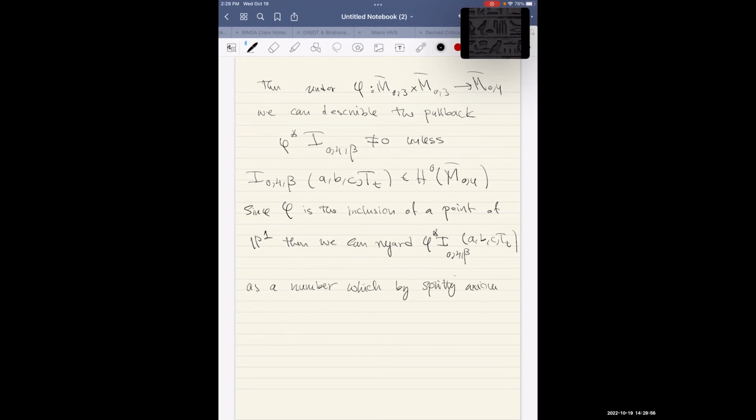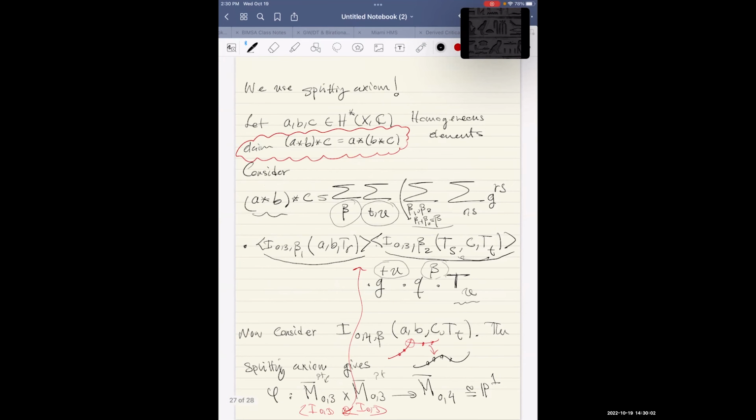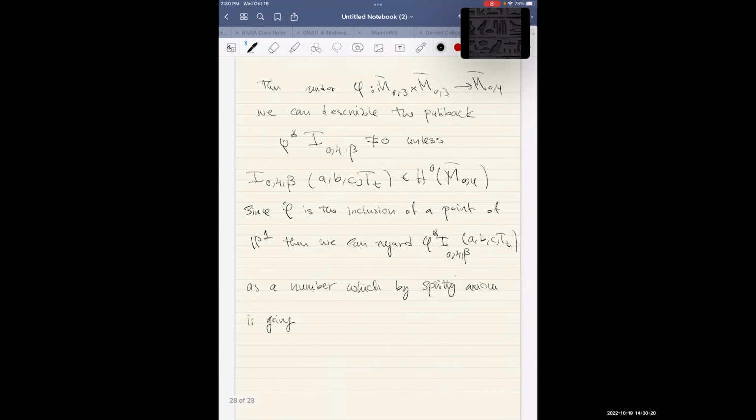is going to be, isn't that interesting? Yes. Pullback of a class is going to be the tensor product of the Gromov-Witten classes. But because the domain of the map is just a point, its cohomology theory only has degree 0 part, and that's going to be numbers, right? So it's a constant.